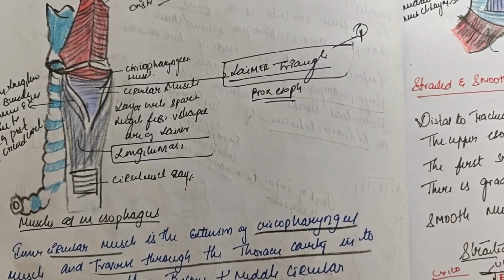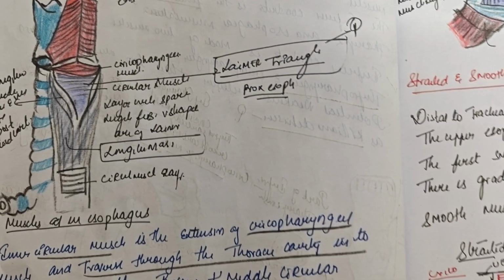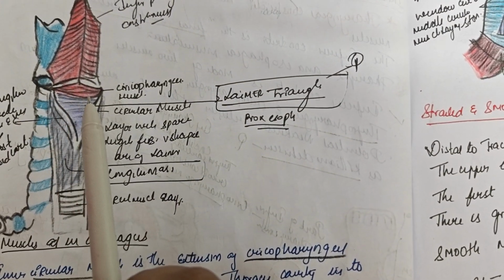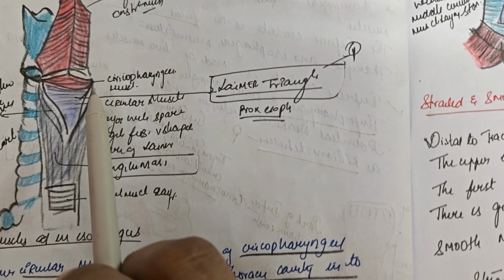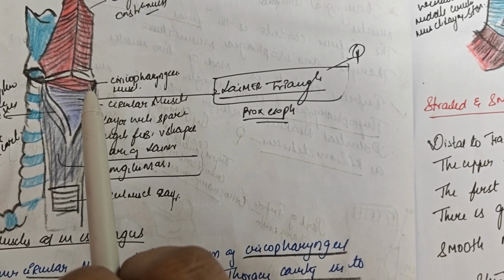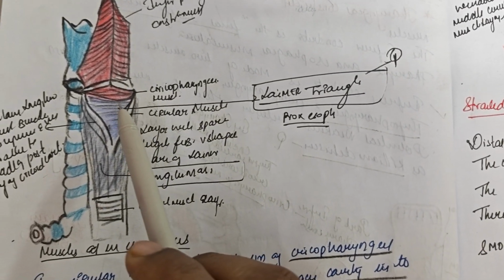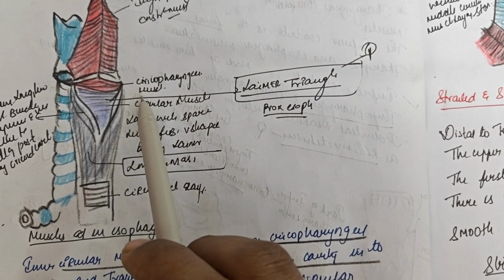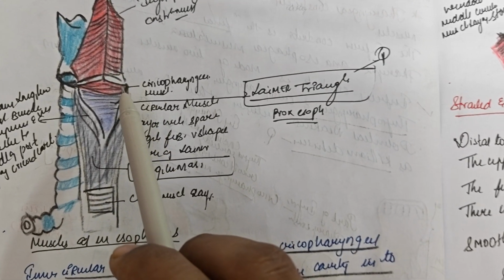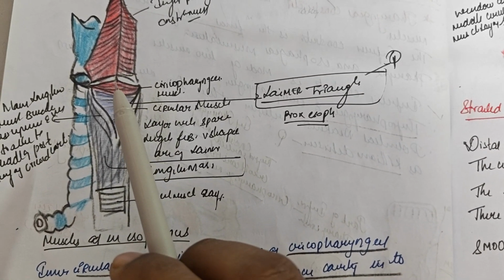This cricopharyngeus muscle is responsible for generating a high pressure zone that makes the position of the upper esophageal sphincter and esophagus. That means this is a cricopharyngeus muscle, and it is responsible for the high pressure.